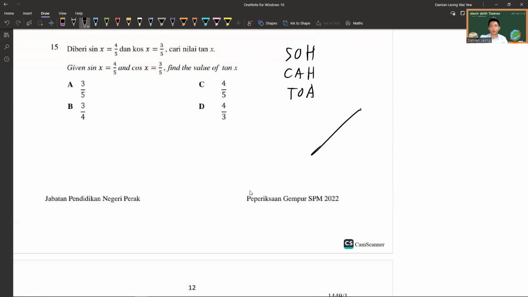If I have a right angled triangle, sine and cos both positive, definitely first quadrant. If I consider the angle x, sine is opposite over hypotenuse, 4 over 5, cos is adjacent over hypotenuse, 3 over 5. So tangent will be opposite over adjacent, 4/3. Answer D. That's it.